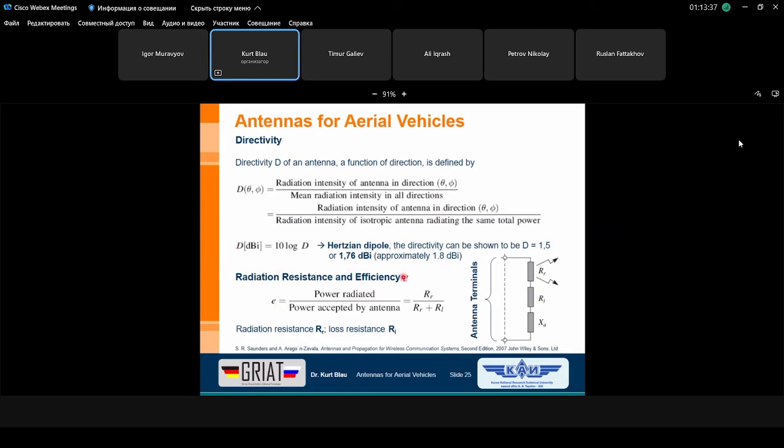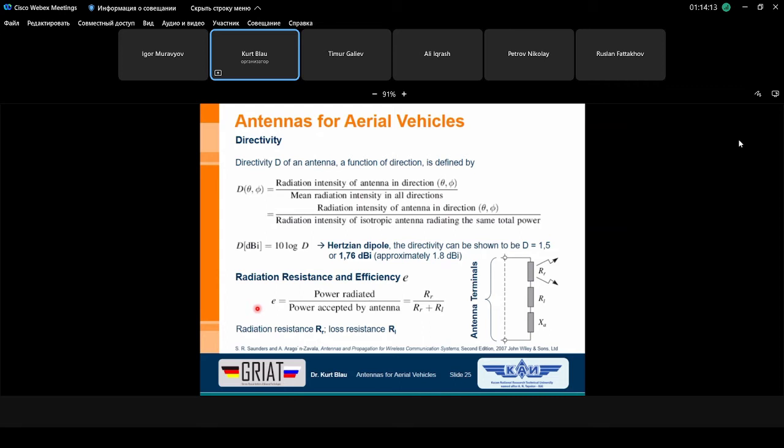This is our next topic: radiation resistance and efficiency. Let's start with the efficiency. What is the efficiency of an antenna? Every antenna consists of metallic parts, maybe strips, aluminum parts, copper parts, wires or massive metallic parts, then a reflector made from aluminum or copper, and so on.